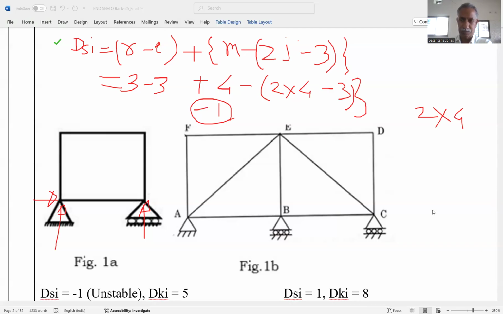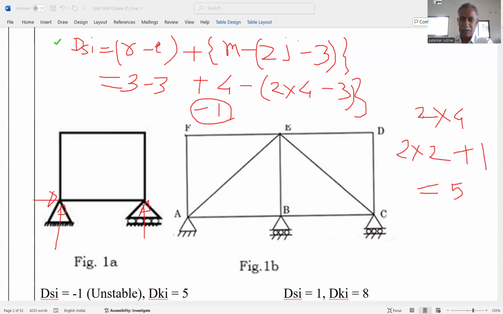That's why it is 0. So for two joints, it is 2 multiplied by 2 plus 0, and at this roller support, vertical movement is restricted, but horizontal is possible because of the roller. So it is 1. So 2 multiplied by 2, 4 plus 1, that is 5. So the degree of kinematic redundancy is 5.